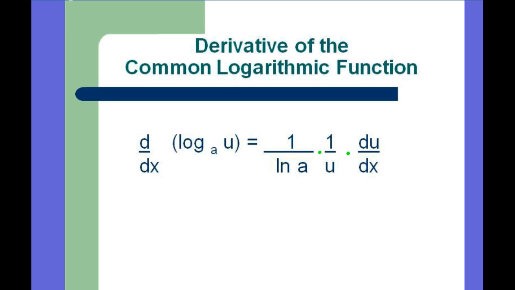Okay. The derivative of log base a of u is always 1 over ln a times 1 over u times du/dx. What does this look like in here? Chain rule. What does this derivative piece look like?